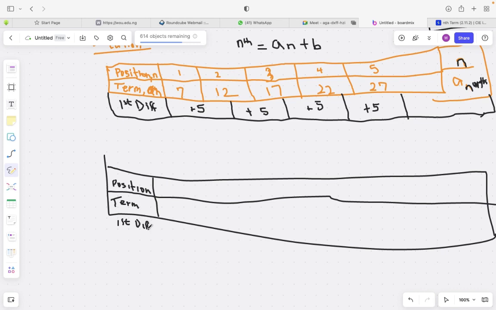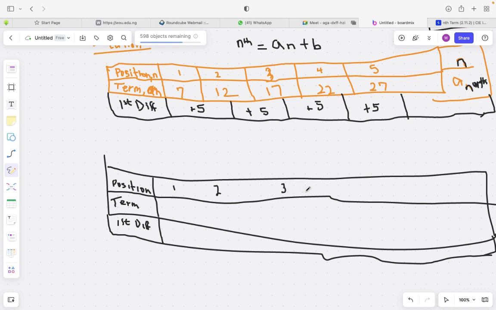So the first difference is the same. All the first differences are the same. So we are going to represent that here. Okay, so this is our first term, second term, third term, fourth, fifth.